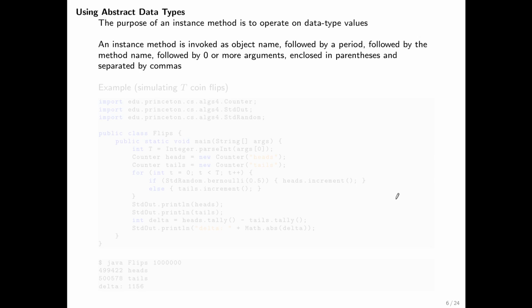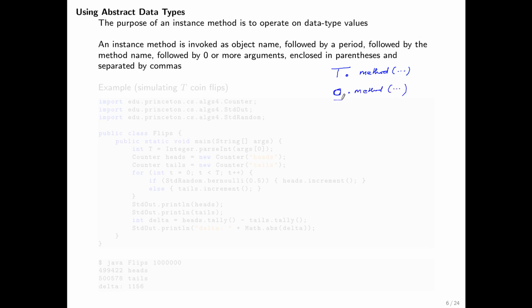A static method is invoked by saying the type name dot the method name followed by the arguments, whereas with an instance method, you say the object name dot the instance method name followed by arguments.